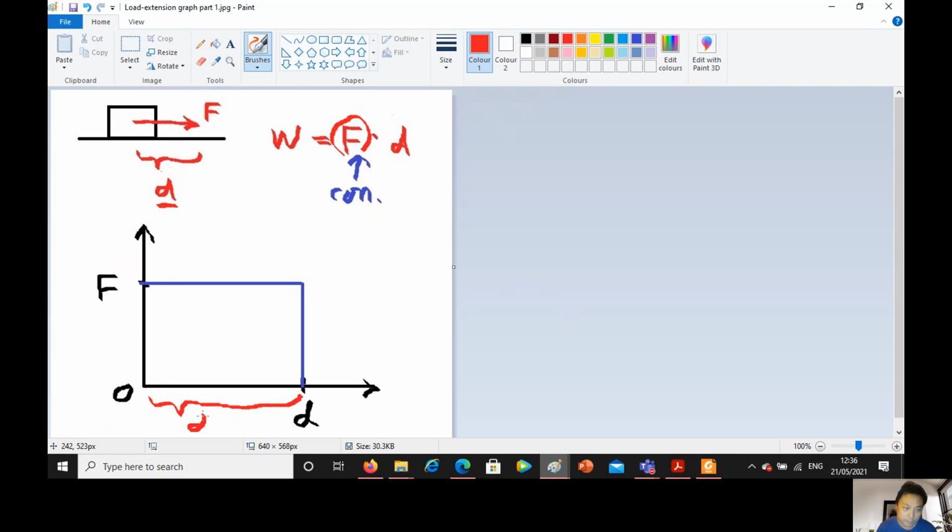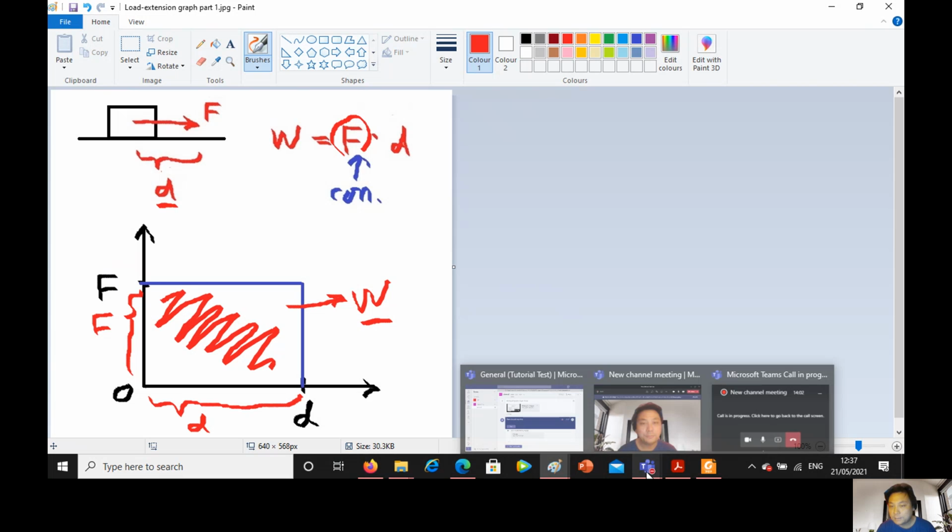Because the force is a constant value, it's a straight line here, and that's F. We know the work is F times d, and F times d is just the area under that graph. That's the work. Because it's a rectangle, the length and width multiplied together give the area, so the area under the graph shows the work.